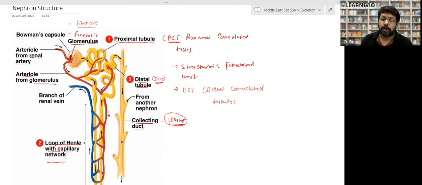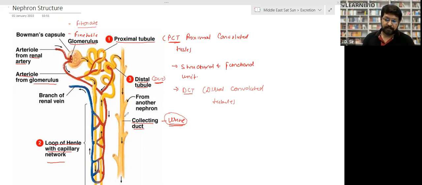Proximal means near to the glomerulus. Convoluted means folded, tubule means tube. So in short we call it PCT, proximal convoluted tubule, and distal convoluted tubule is called DCT, right?